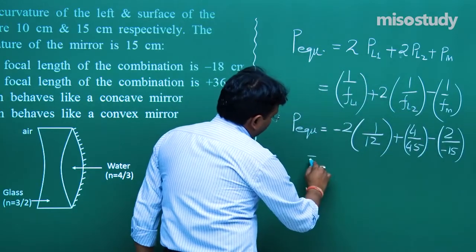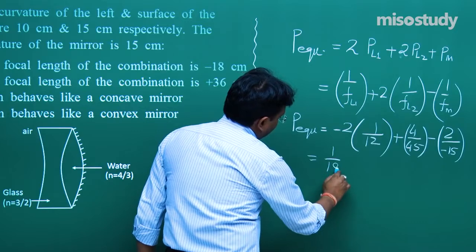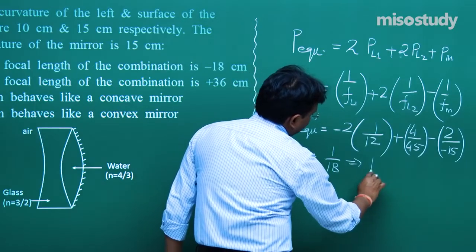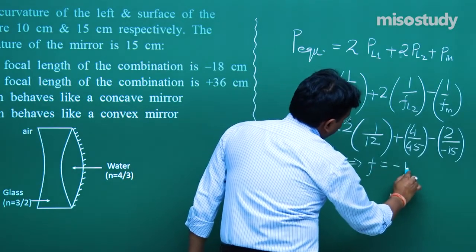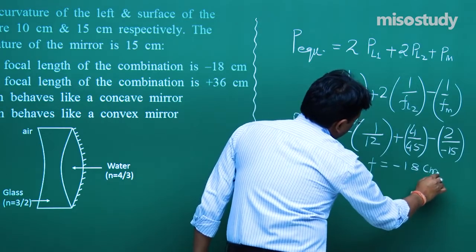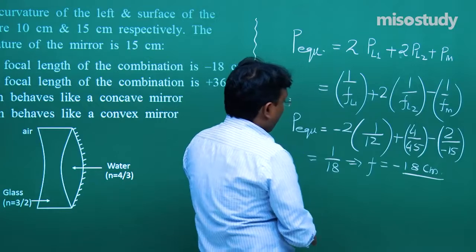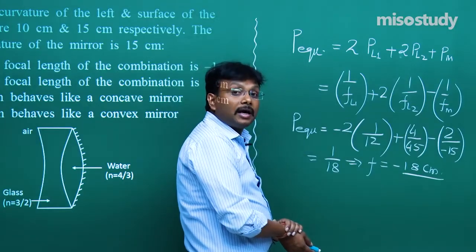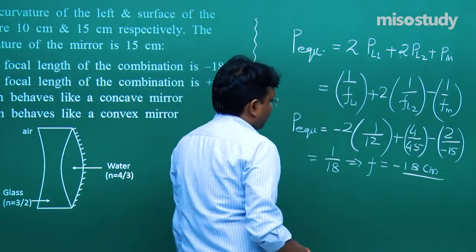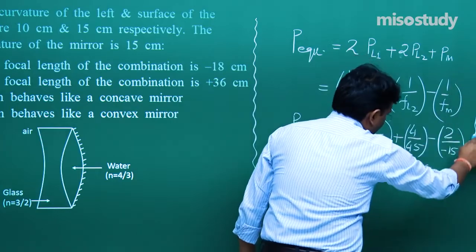Once you solve it, you will get 1 by 18. This implies that F is equal to minus 18 centimeter. And the system acts as a concave mirror.